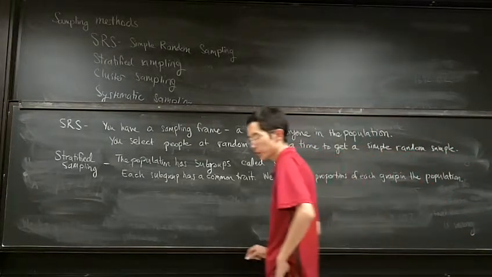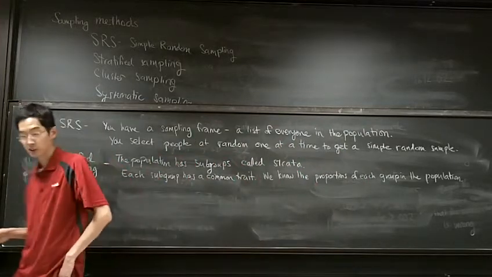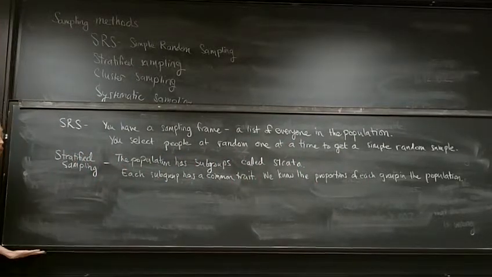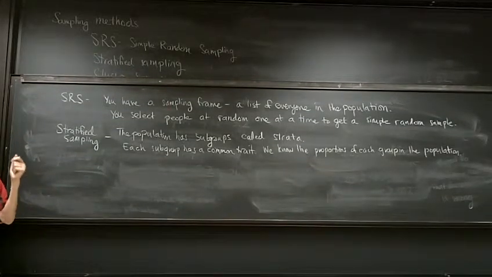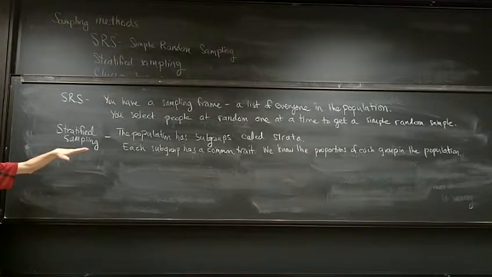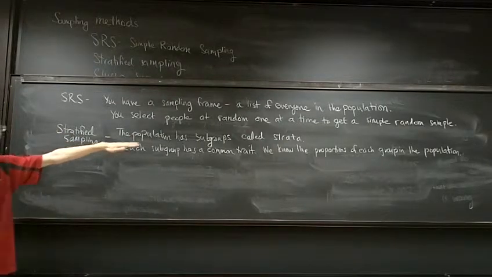When we pick our sample, which is done similarly to simple random sampling, we make sure that each subgroup is represented with the correct proportion.